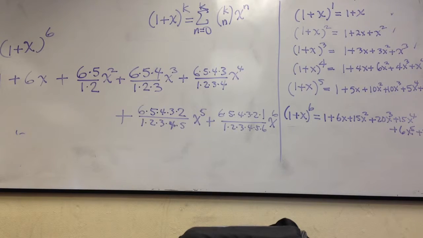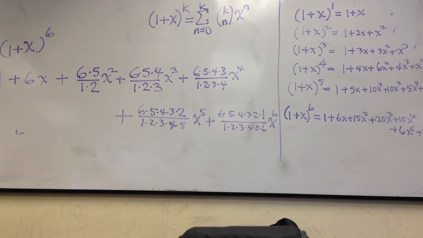The next one follows the same pattern: k, count down, k minus 1, k minus 2, and down here 1, 2, 3, 3 factorial, times x to the third power. Then plus the next one: k, k minus 1, k minus 2, k minus 3, downstairs 1, 2, 3, 4, and then x to the fourth power. Etcetera.